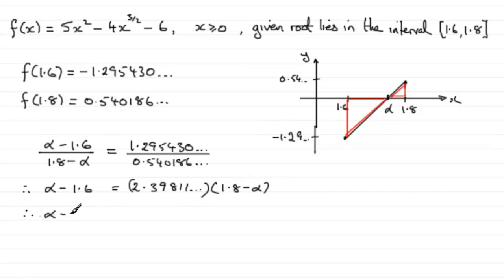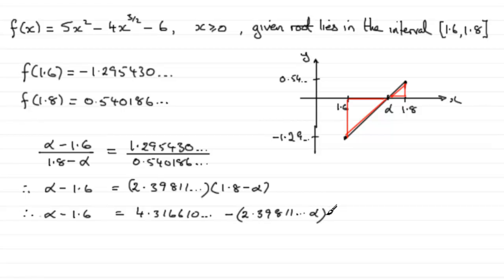So if we expand the bracket, 2.39811 multiplied by the 1.8 gives us 4.316610 and so on. And then we multiply with the minus alpha, so we end up with minus 2.39811 and so on, alpha.